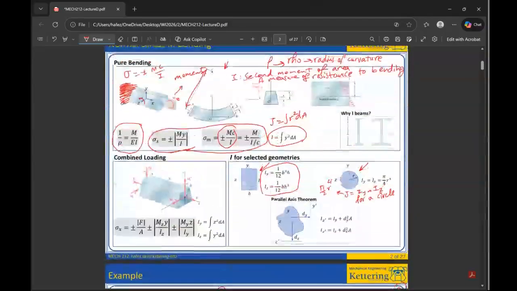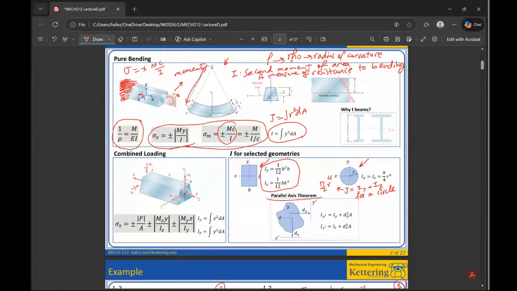Then we need to know this parallel axis theorem. Yes, you're getting exposed to this in this particular course, but later in fluid mechanics, or in machine design, you also need to know how to use this theorem, or even I calculation.